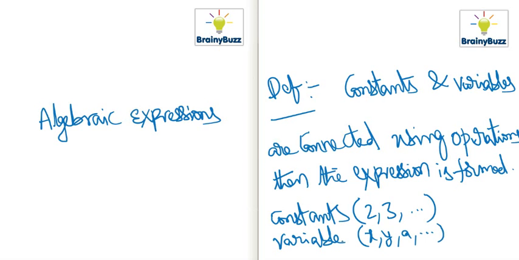These are variables. And operations means plus, minus, into, divided by. These are the operations. Now constants and variables are connected using operations, then the expression is formed.